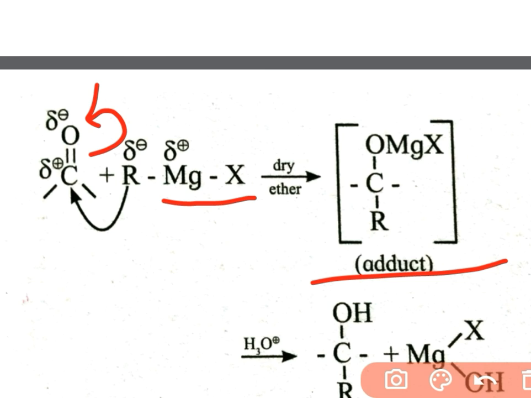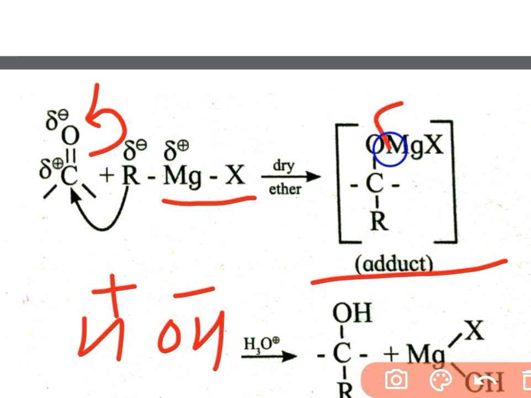Hydrolysis means the chemical breakdown of a compound due to reaction with water. So this adduct reacts with water molecule. Water molecule means H plus and OH minus. Due to hydrolysis, the bond between these oxygen breaks down, and this is O minus.